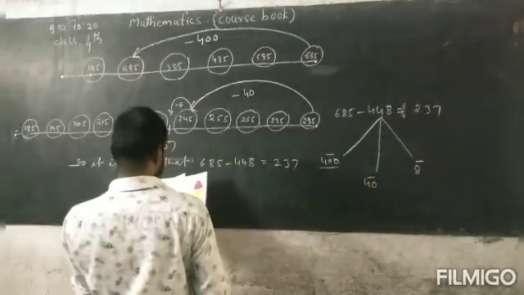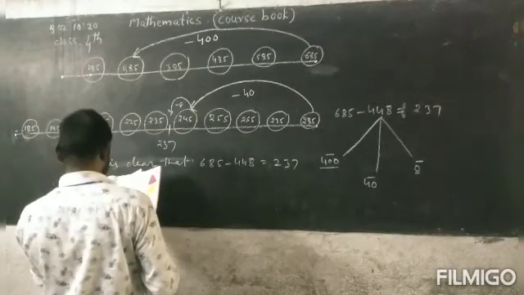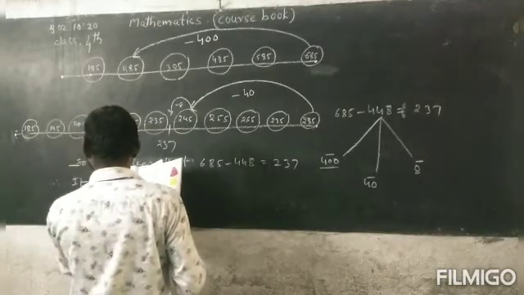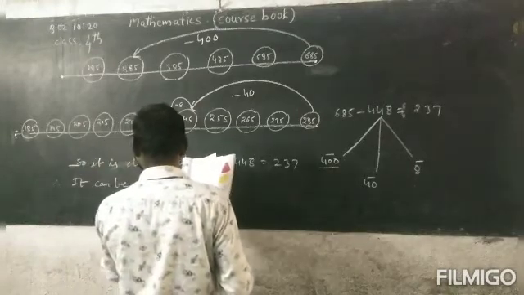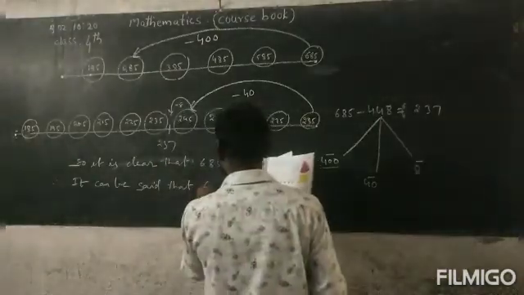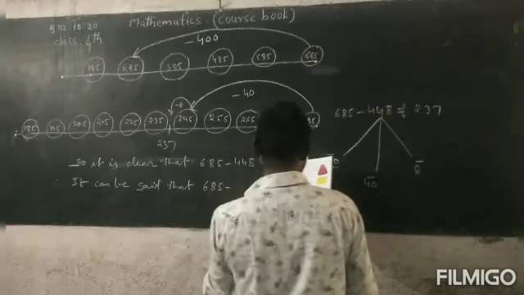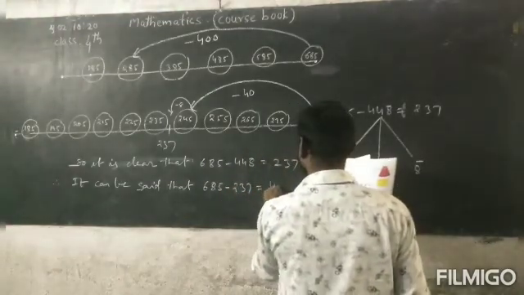therefore it can be said that 685 minus 237, you can get 448.